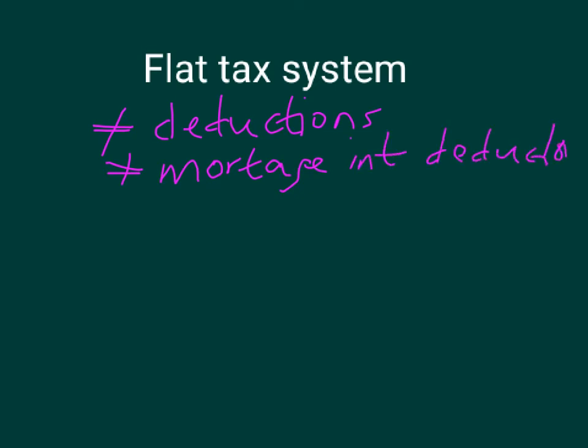And other deductions that exist in our current tax system, for example, charitable deductions and so forth, would also not be used. So even though higher incomes pay a lower tax rate, they don't have all those deductions, so their effective tax rate might be approximately the same in a flat tax system.